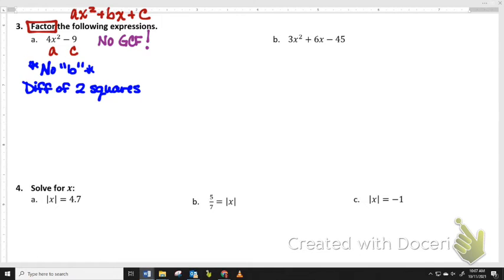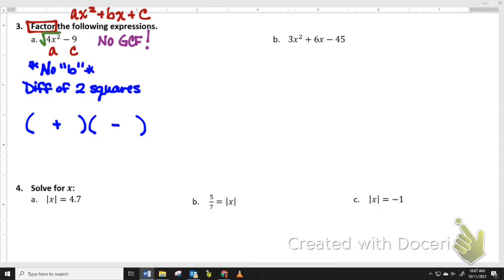How many factors do we get when we do a difference of 2 squares? 2. 2 factors. What is the difference between them? The signs. One gets a plus, the other gets a minus. And then I have to decide what goes inside. So what do I do to find the parts that go inside?